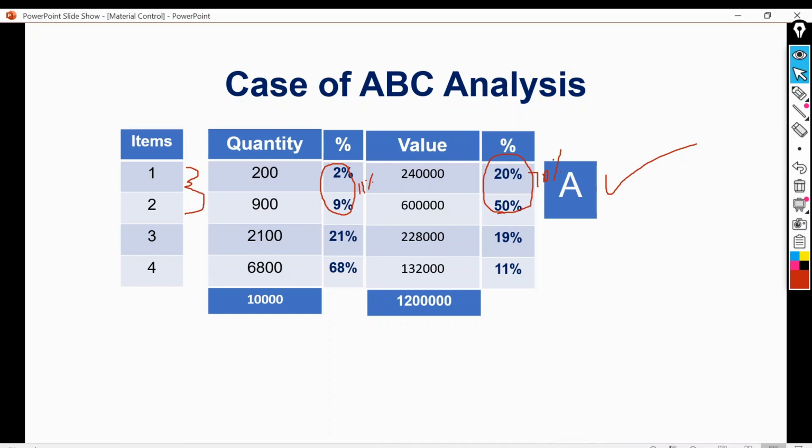After that, item number 3 is categorized as B, and item number 4 as C.